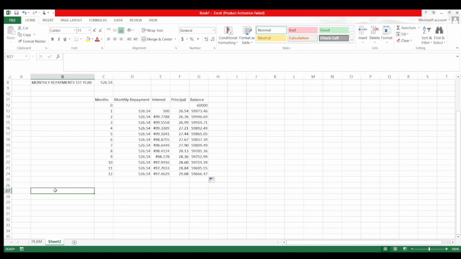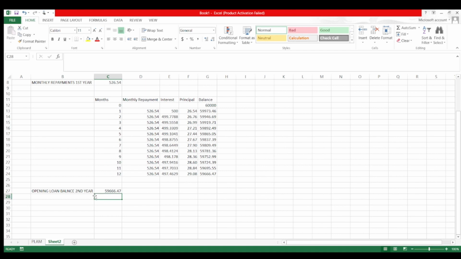So for us to get the monthly payments for the second year, we get the opening loan balance for the second year, which in this case is this amount, 59,666.47.